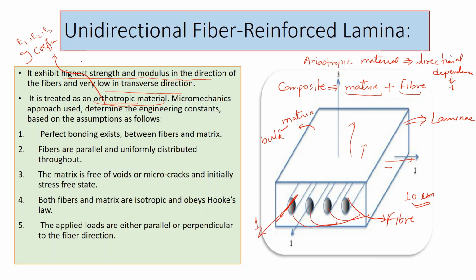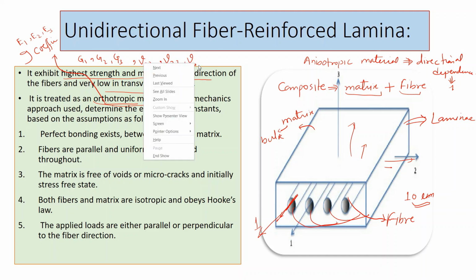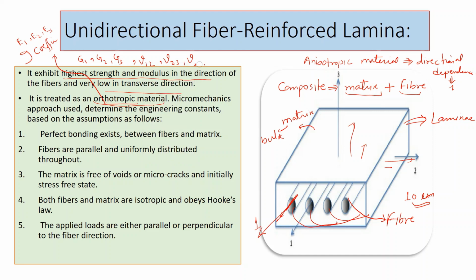Similarly, G1, G2, G3, that is the shear modulus in directions 1, 2, and 3. And similarly, the Poisson's ratios: nu1,2, nu2,3, and nu3,1 or 3,2. So these are the 9 unknowns that we have in orthotropic materials.